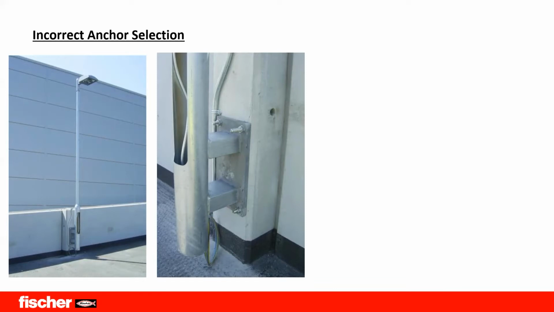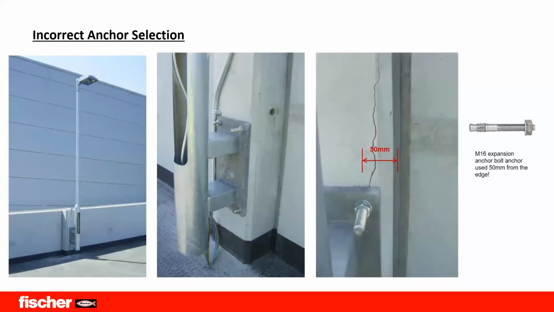The base plate is fixed with 4 anchors, and the contractor has used an M16 expansion anchor. As they used mechanical anchors during the installation, the concrete got damaged. And as you see, there is a failure at the edge. I would not be surprised to see such an installation, because a large diameter expansion anchor has been used very close to the edge, which is only 50 mm, whereas the requirement was 80 mm.